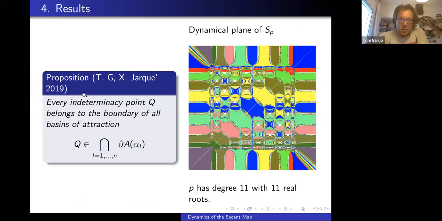Okay, this other result is trying to put another result in the same direction. At every indeterminacy point Q, this point Q belongs to the boundary of all basins of attraction.